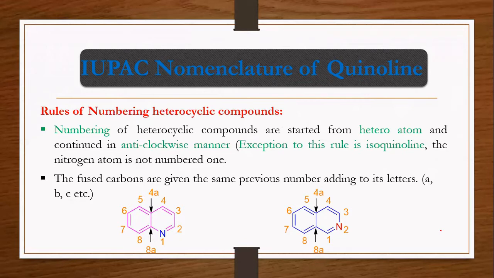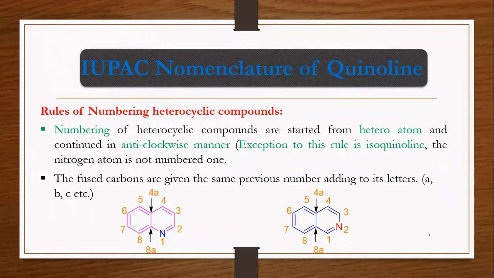The numbering of quinoline and isoquinoline generally starts from a heteroatom, and then it is continued in the anti-clockwise direction.